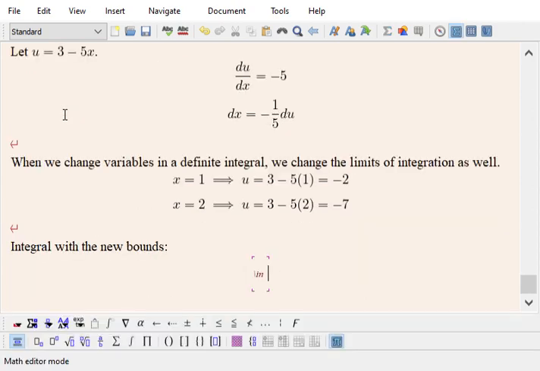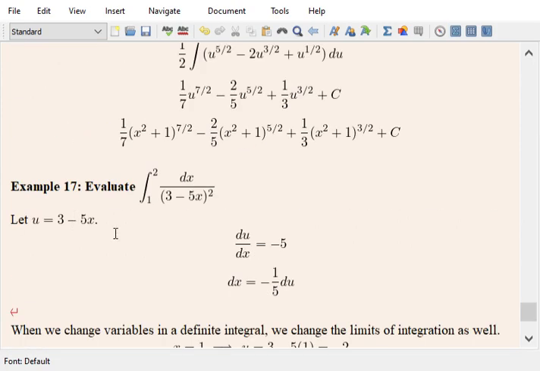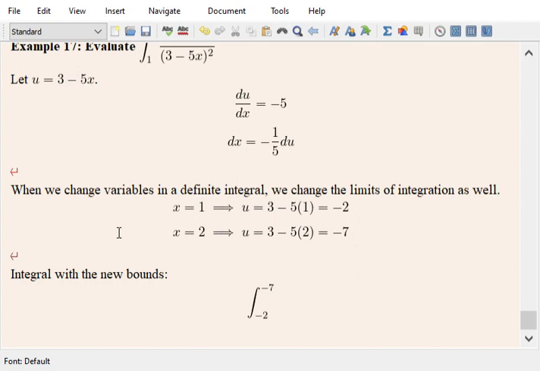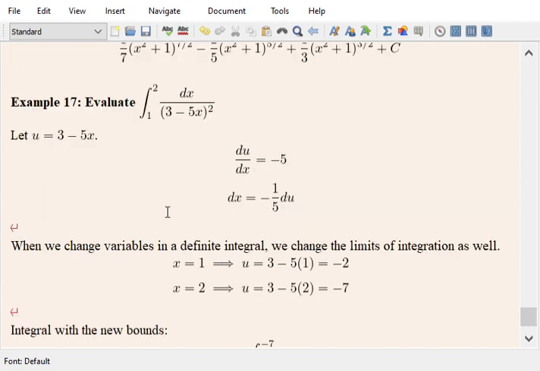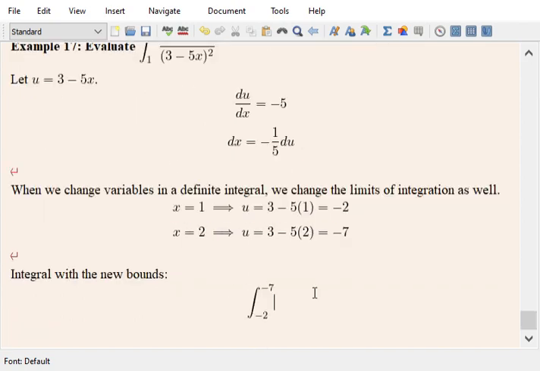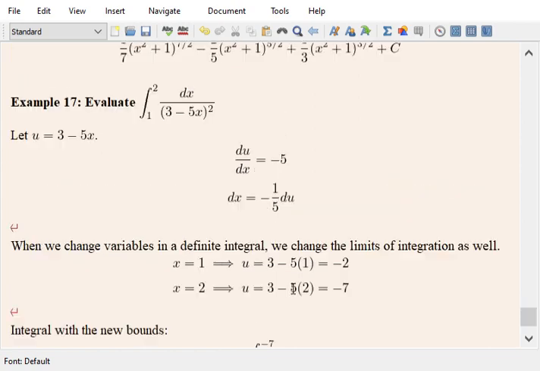So then when you're plugging everything into the integral, make sure you include the new bounds. So the new bounds are now from negative 2 to negative 7, because they have to correspond. What else do we have? Sometimes it's a convention to put the dx on top here.